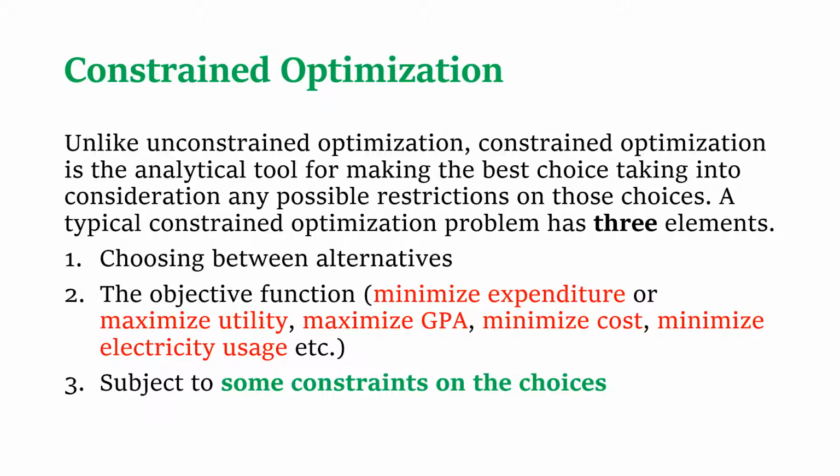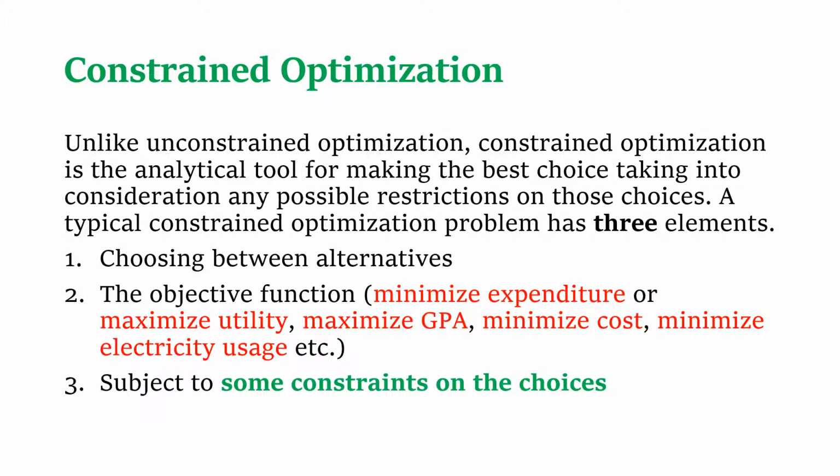Incomplete information, right? Information is asymmetric. One side of the market has more information than the other side of the market. And so the market fails. So we're going to look at that later on, okay?